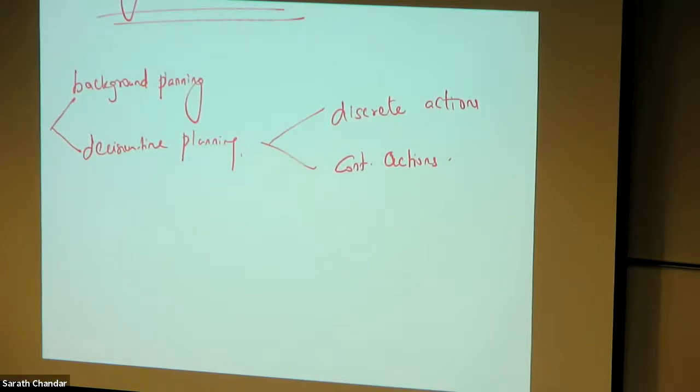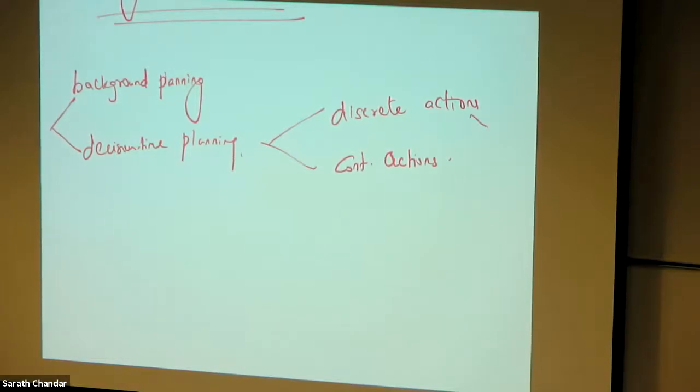However, there is not a big difference between discrete and continuous actions in background planning, because if you take an algorithm like actor-critic, which can handle both, you can do planning with actor-critic, and that becomes Dyna actor-critic. So it is easy to do continuous and discrete actions in background planning. However, for decision time planning, there is a discrete option and a continuous option.